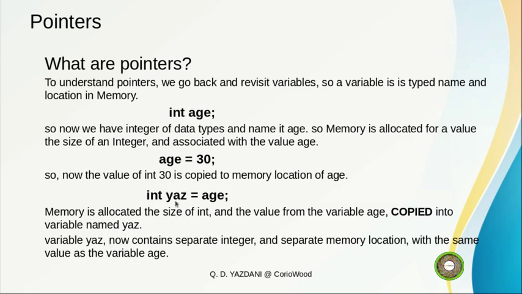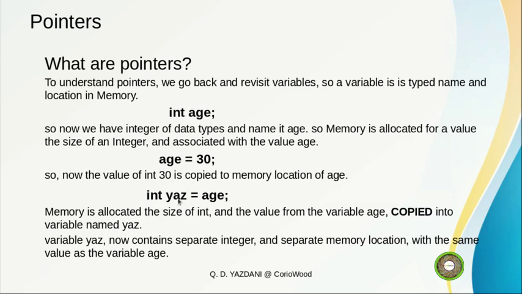So now keep in mind that the variable yes now contains a separate integer. It's got a separate integer because this one also has int and this one also has int, and a separate memory location. So now the variable yes has a separate memory location with the same value as the variable age.